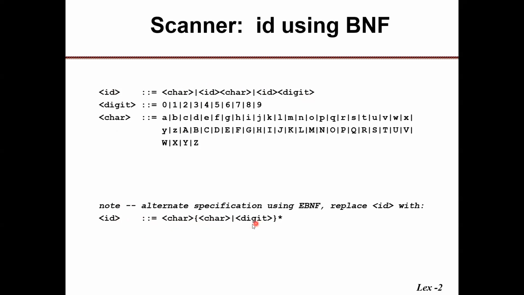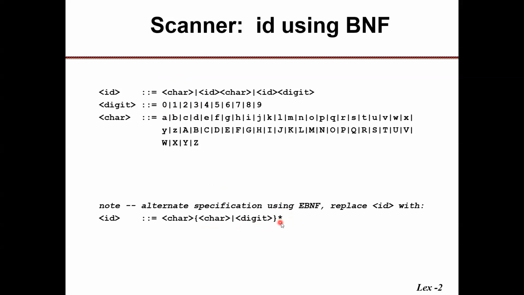But wait a minute. If we had said that, then we couldn't accept just a char by itself. So what EBNF also does is create the symbol that we can use with the curly braces. In this case, the star says there can be 0, 1, or many instances of what is inside the curly braces.